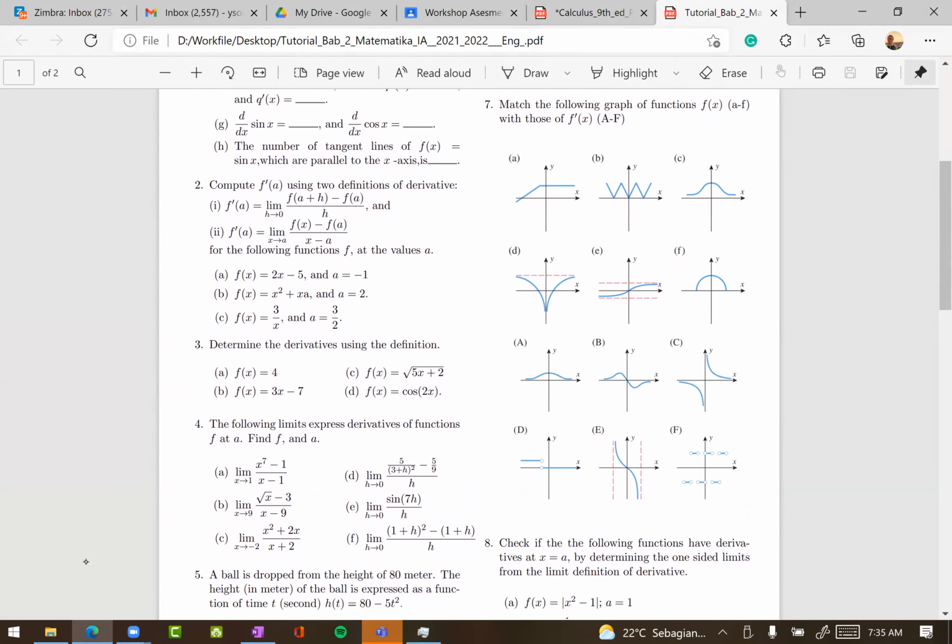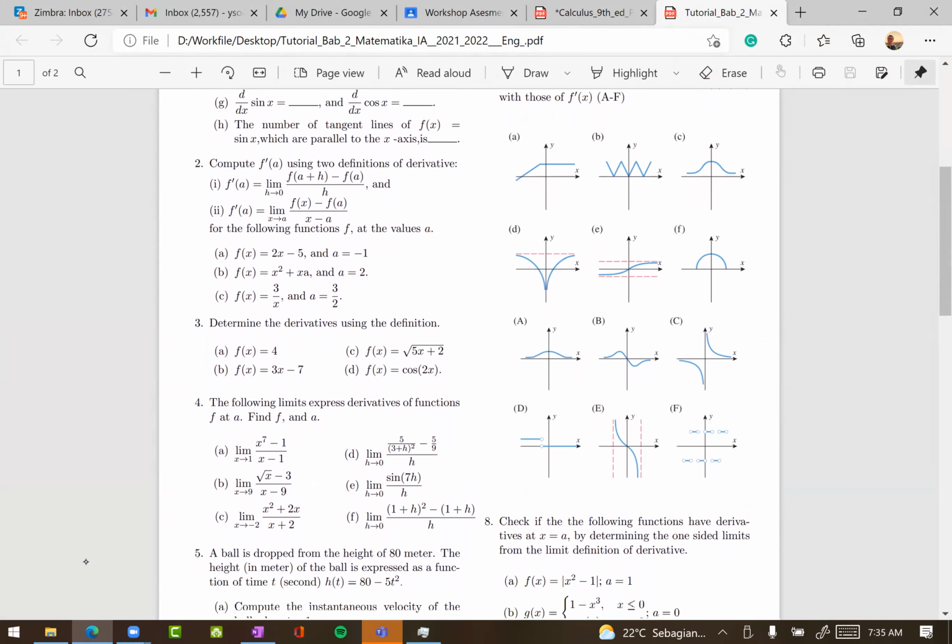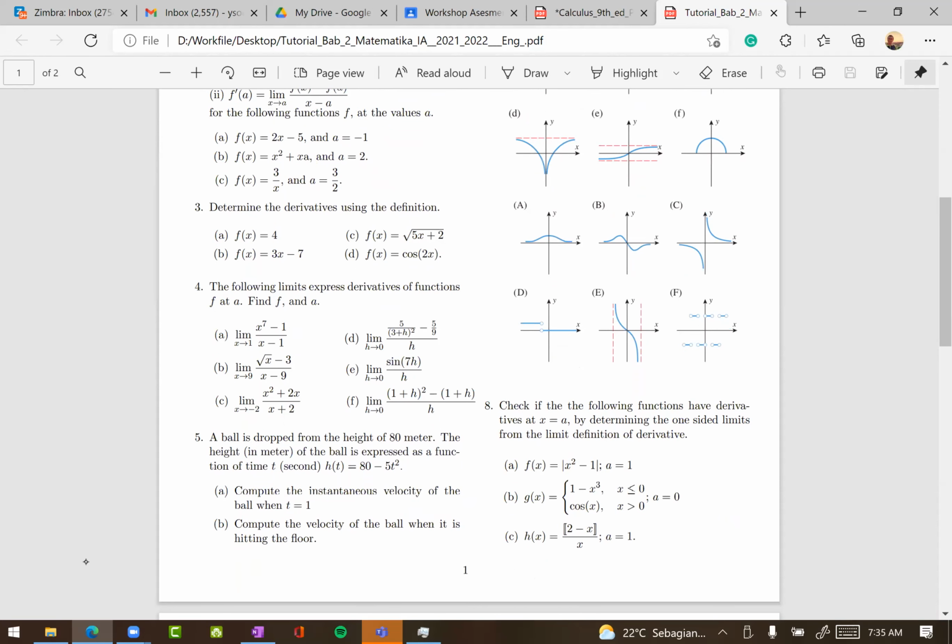Given this limit here, number 4, this problem tells you to compute this limit by expressing it as a derivative and computing the derivative.